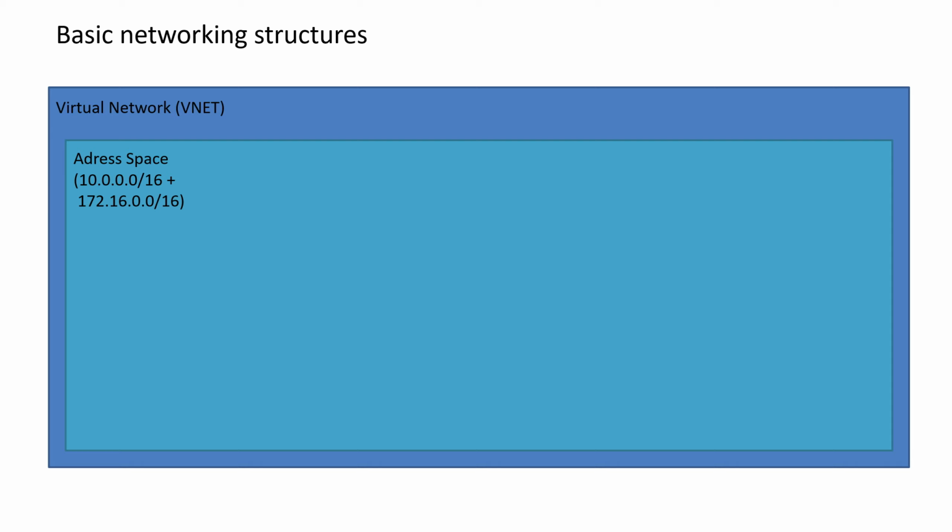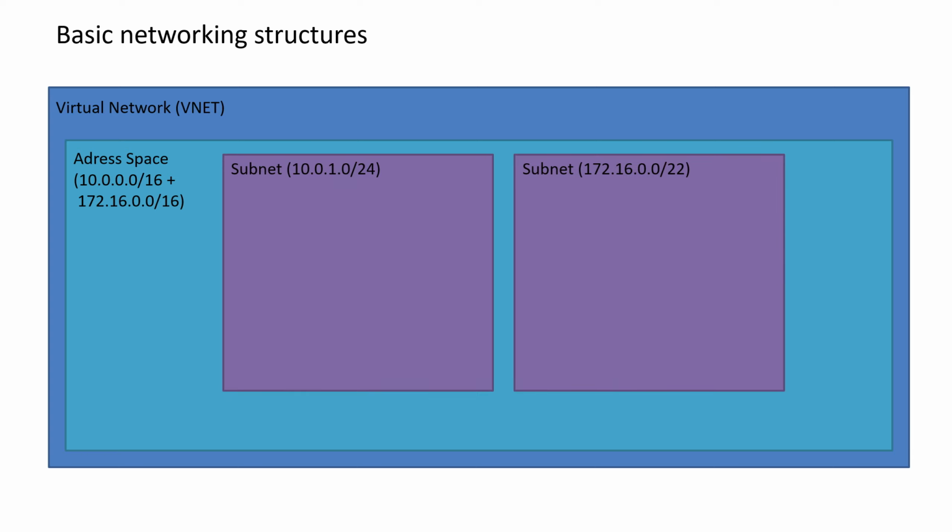The next thing you need to create inside the VNet, so it is not created in the address space, is at least one subnet. These subnets need to have a defined subnet address range.